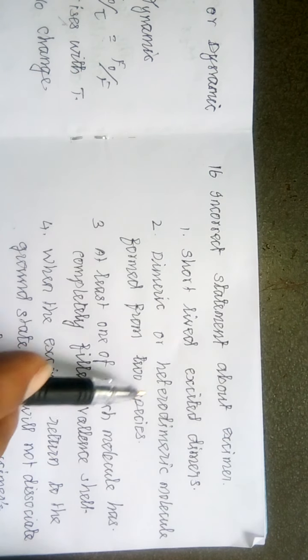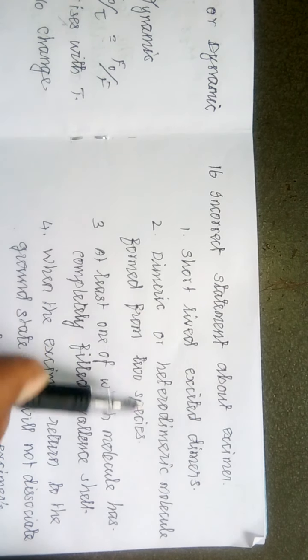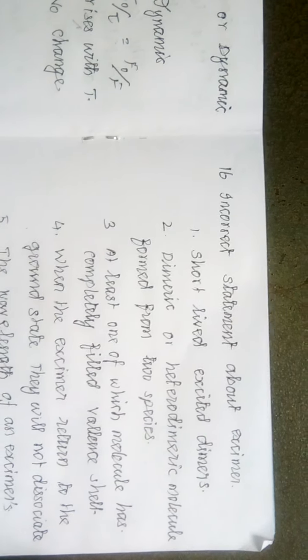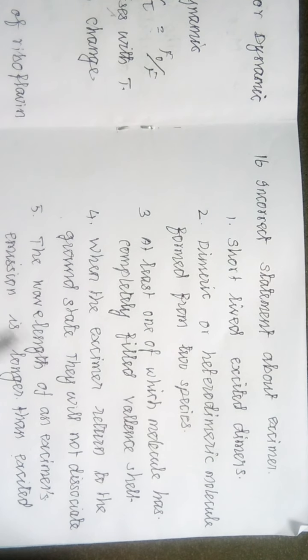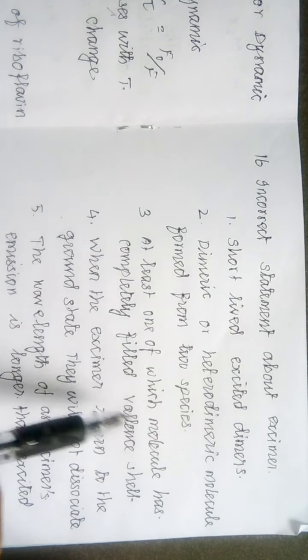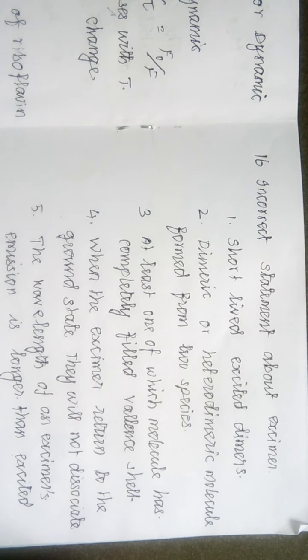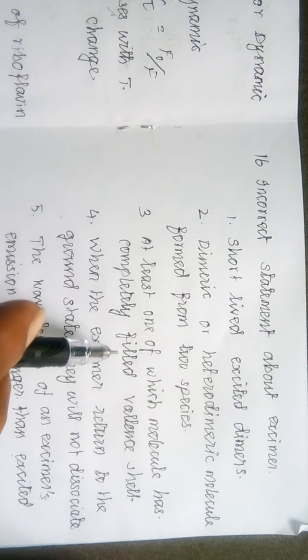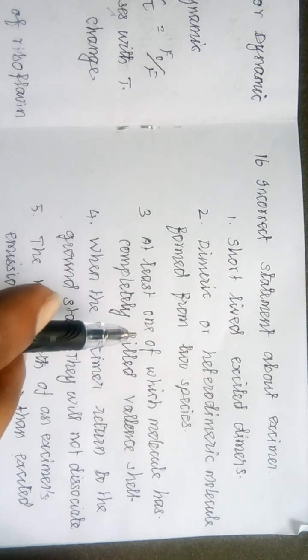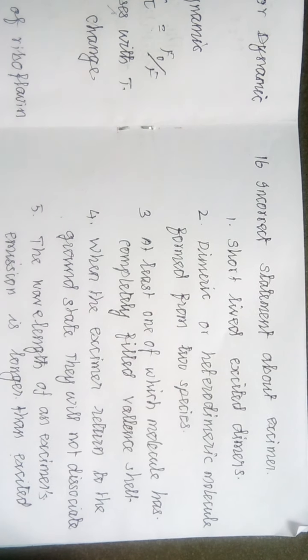They are formed between two species, and may be dimeric or heterodimeric. At least one of the molecules has a completely filled valence shell. This is an important property of the excimer: one of its components should have a completely filled valence shell, like noble gases, so they are used as a quencher in excimers.